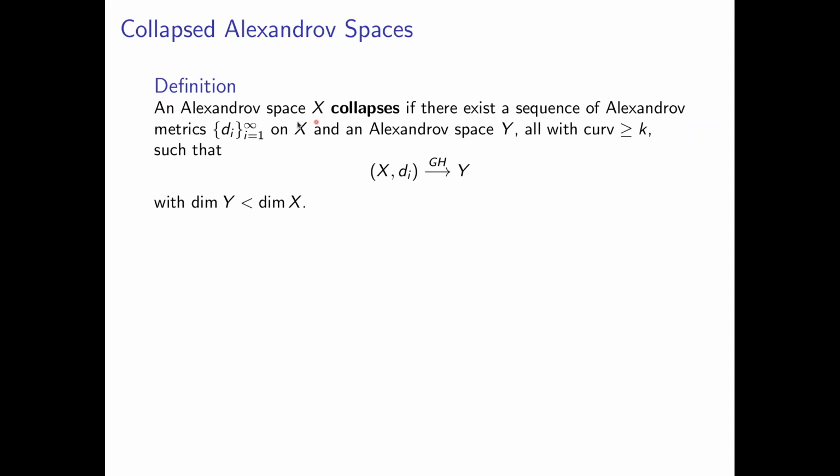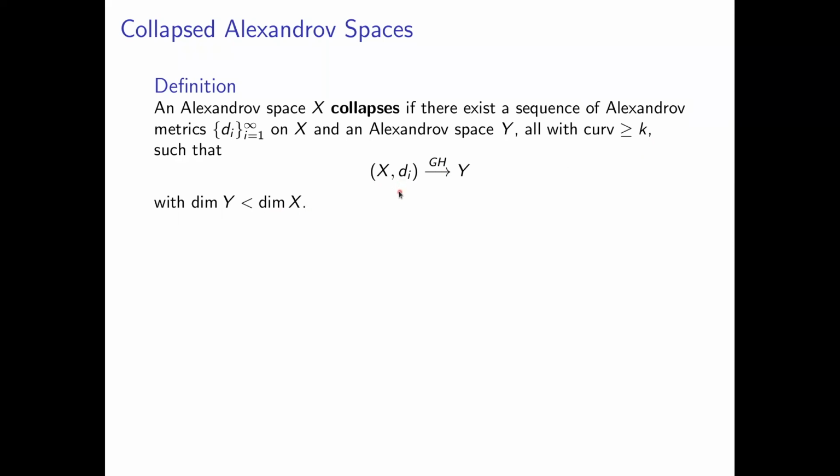As I said, a space is collapsed if you can find a sequence of Alexandrov metrics on this space, all with the same lower curvature bound, such that the Gromov-Hausdorff limit of this sequence is a space Y. And here is the collapse part: the dimension of the limit is strictly less than the dimension of the sequence.